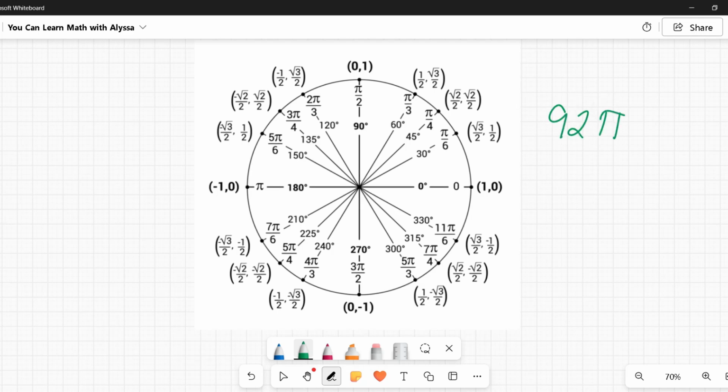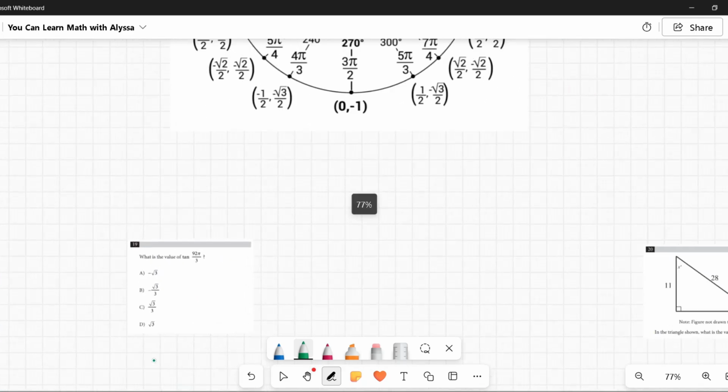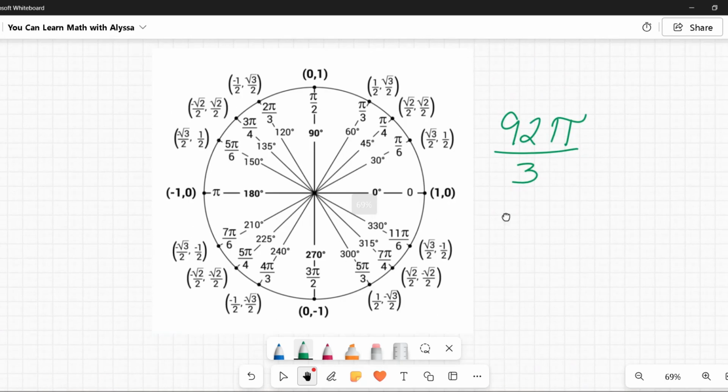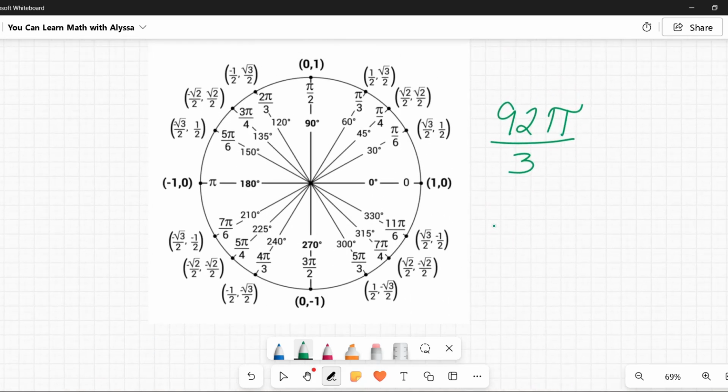All right, so 92 pi over 3. Did I copy that down correctly? Yes, I did. So this is a huge number, and you're not going to be expected to, because like we said, it's 5,520 degrees. Oh my goodness, how do I find this using this little unit circle?